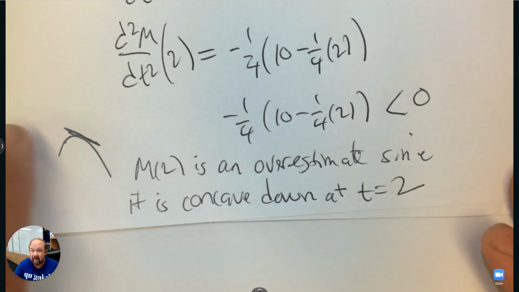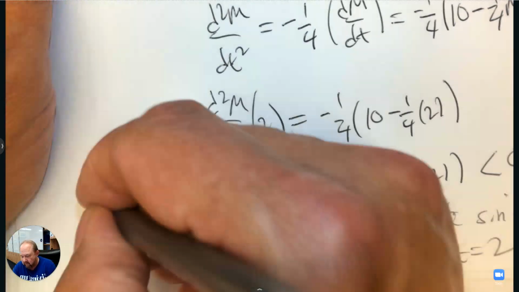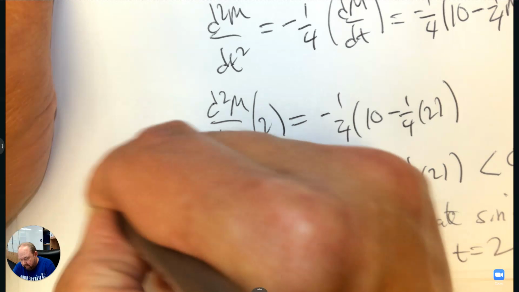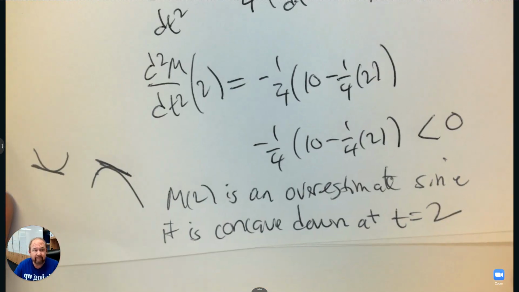So this shows it's concave down. When it's concave down and a tangent line, the line is above. Just so you know, if it was concave up, you'd see the line is below. That would be an underestimate.